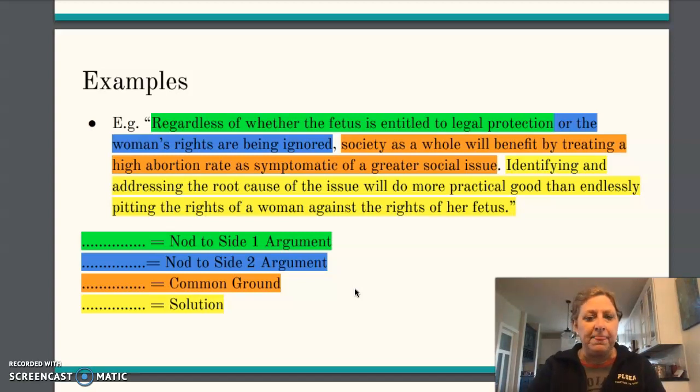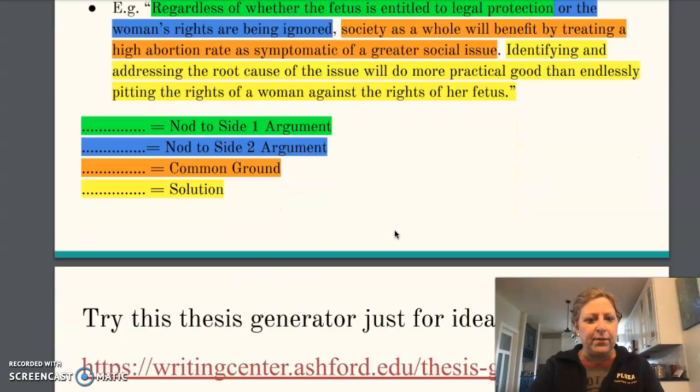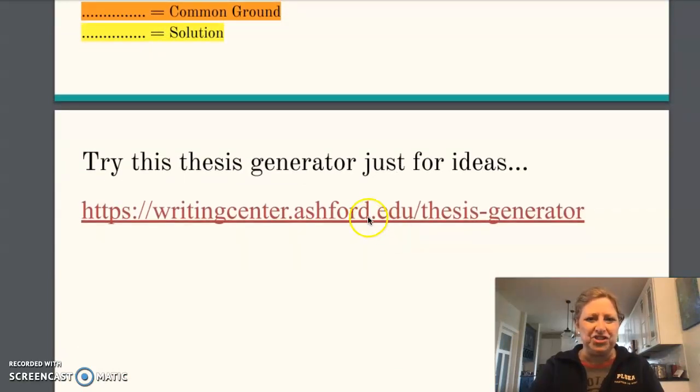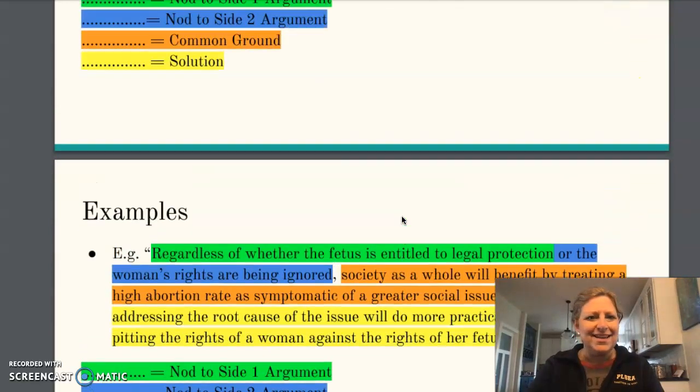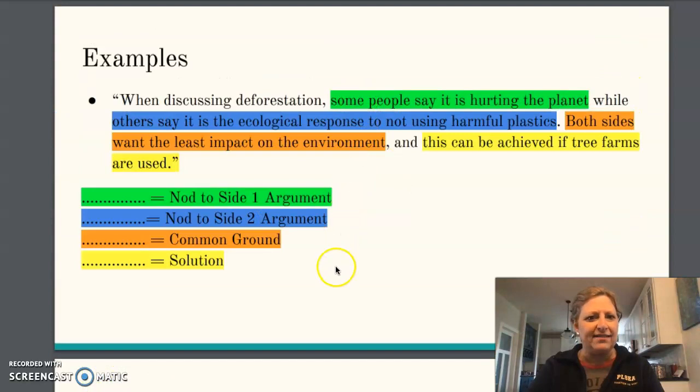Okay, so that's how to take a pretty massive and really controversial issue and turn it into something that's actually doable. Anyway, I have a generator that's attached to this. It'll help a little bit, but honestly, if you just look at these two examples and have a green, a blue, an orange, and a yellow, you'll be okay.